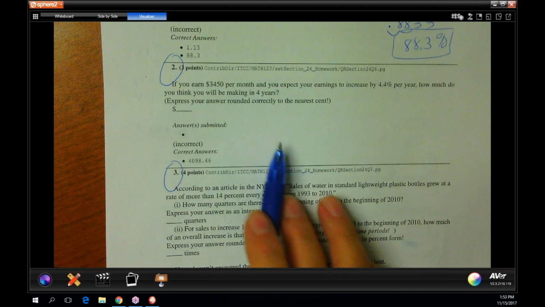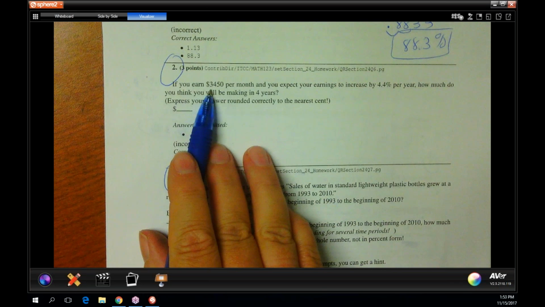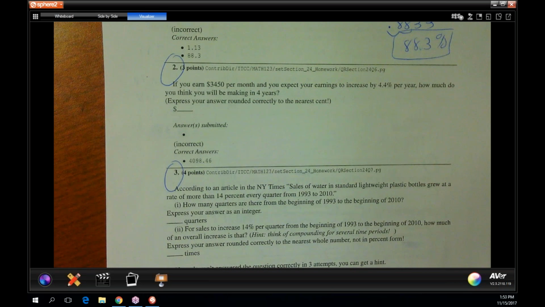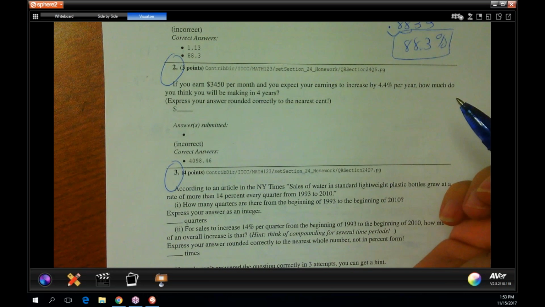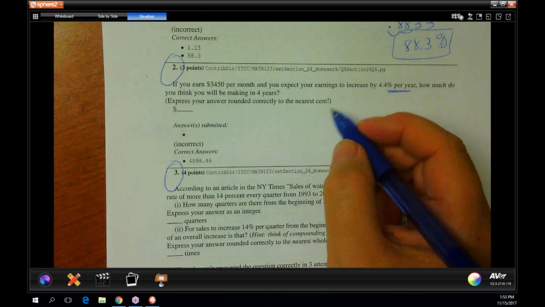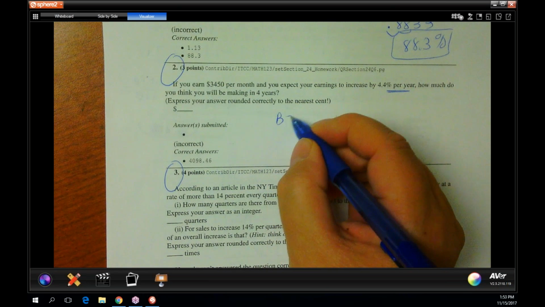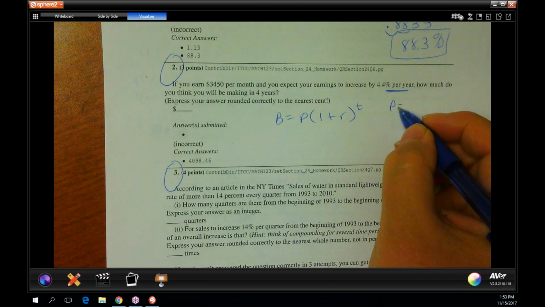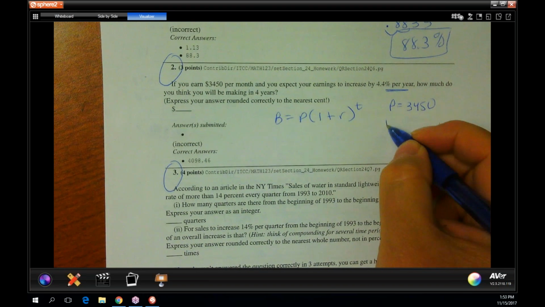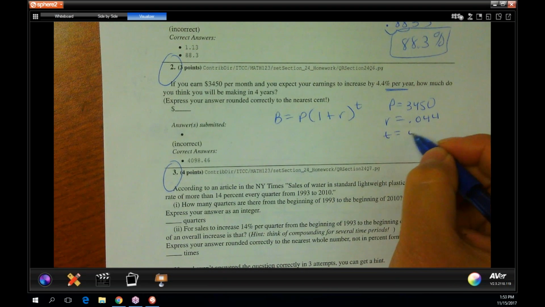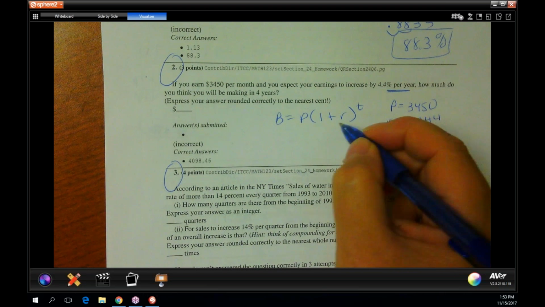This one is a review one. If you earn $34.50 per month and you expect your earnings to increase by 4.4% per year, how much do you think you will make in 4 years? So this is a yearly compound interest. Principal is $34.50. Our rate 0.044. Our time is 4 years and n is 1.